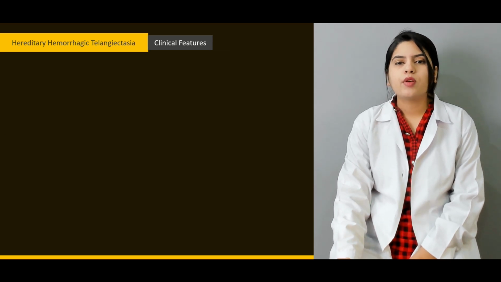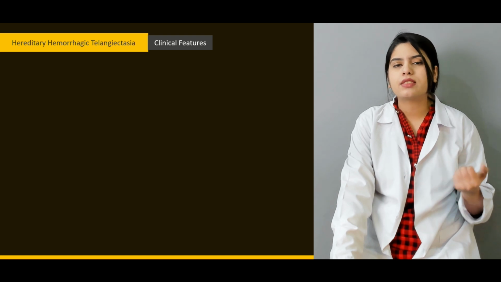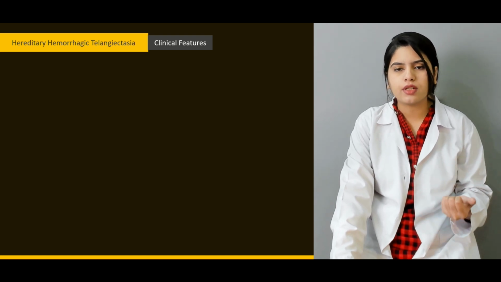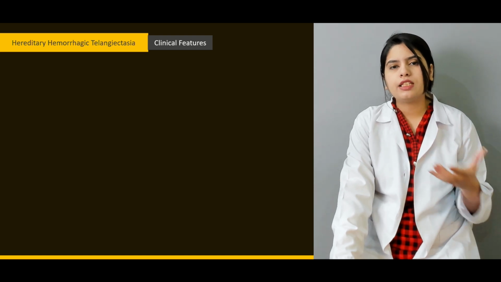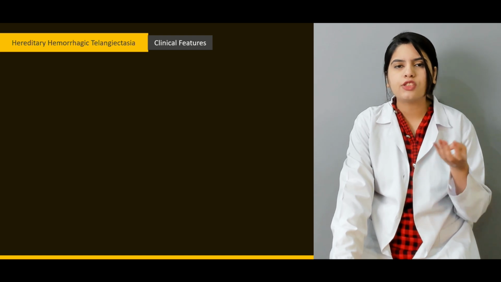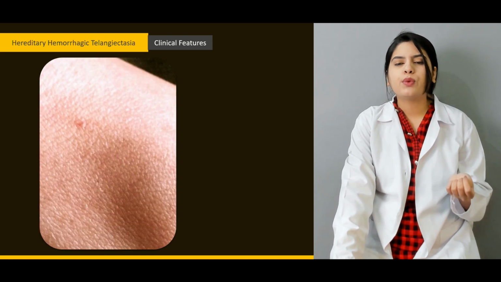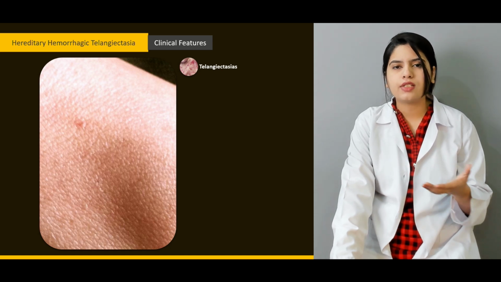Now, if we talk about the clinical features that will be manifested by the patient suffering from this type of genetic disorder, as I told you, there will be the appearance of red patches, swelling, telangiectasias. The first one is the telangiectasia, as I told you.